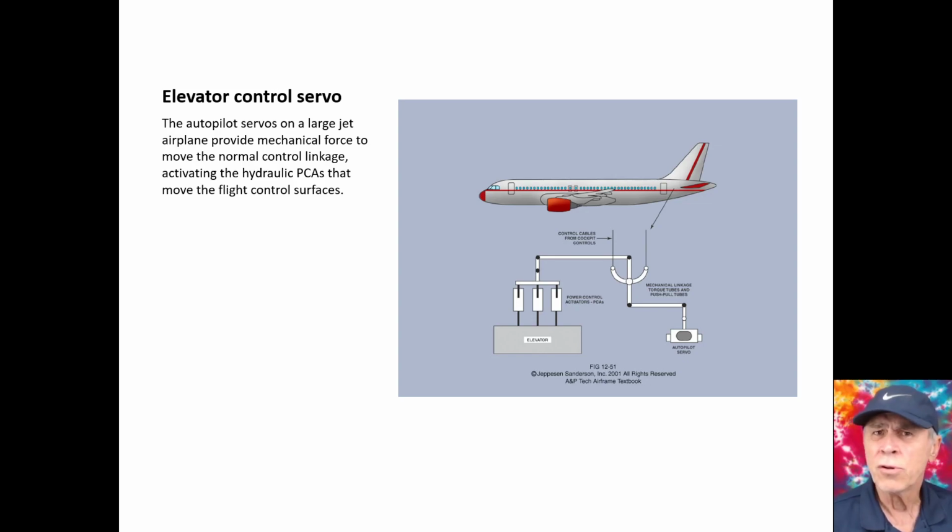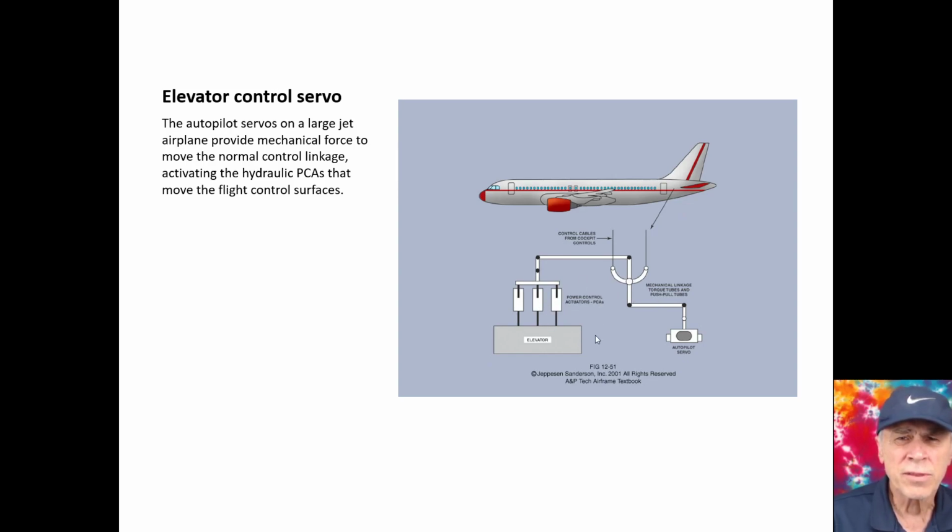The elevator control on a large transport category aircraft. You can see the elevator here, which is located on the horizontal stabilizer.